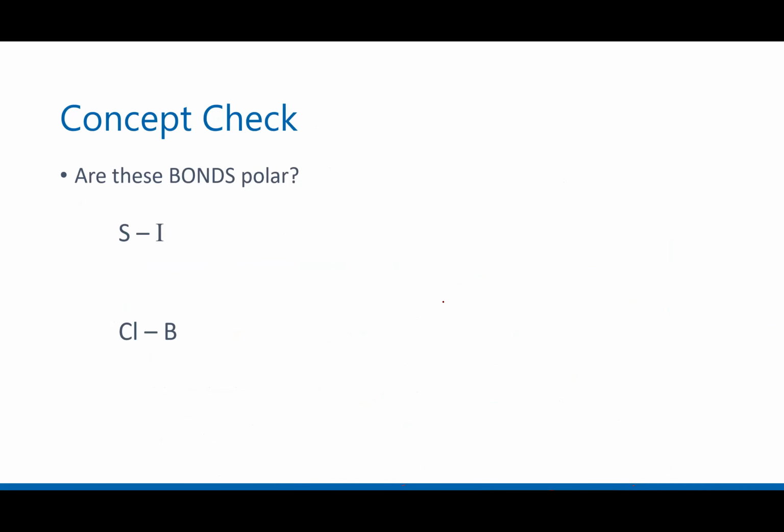So the last thing I want to do today, and then we'll finish for today, is this question: are these bonds polar? Well, let's look. So we have silicon and iodine, and chlorine and bromine. So let's look at our periodic table.